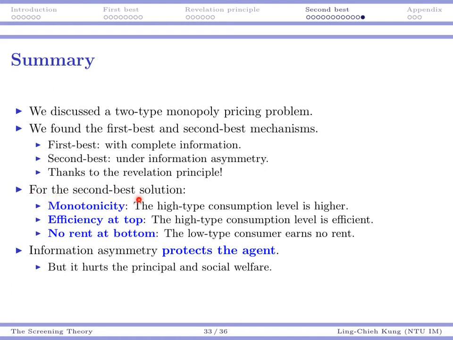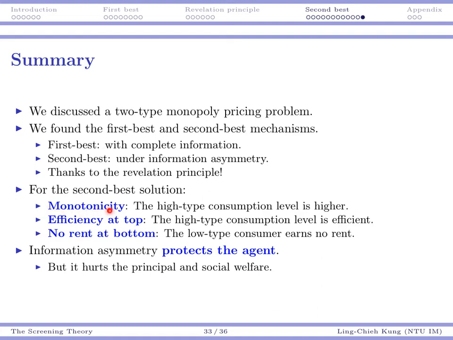For the second best solution, basically we have three things. First is monotonicity. The high type consumer will be offered more than the low type, because high type consumers prefer a higher consumption, so you give them that. That's going to make it easier for you to earn more money from them.